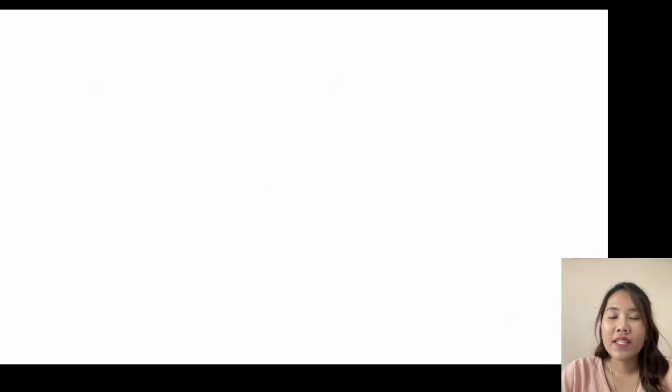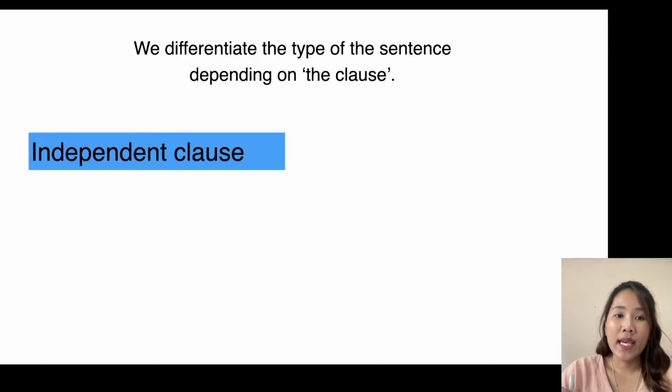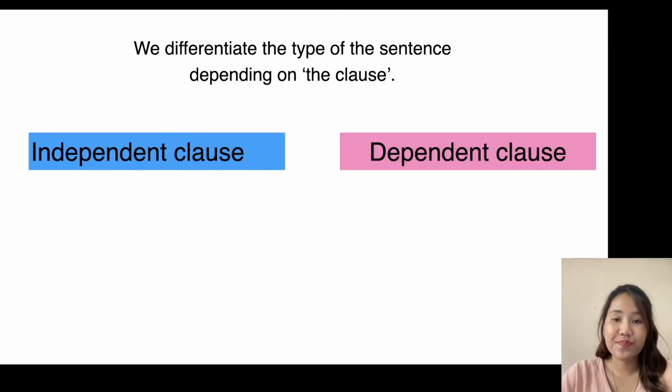So the key thing we can use to differentiate the types of sentence is the number and the types of clause that we have in that sentence. To remind you again, we have two types of clause: independent clause and dependent clause.